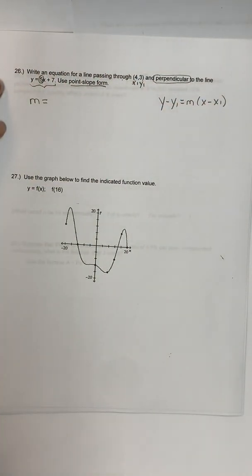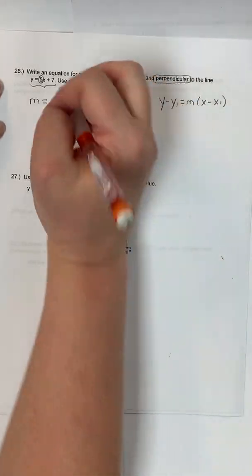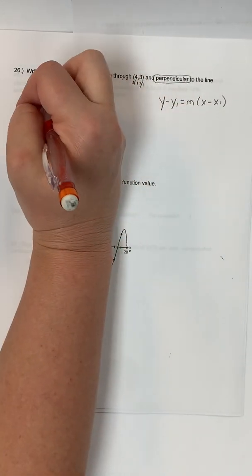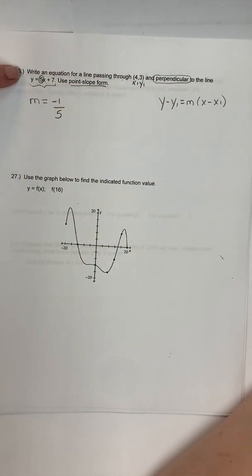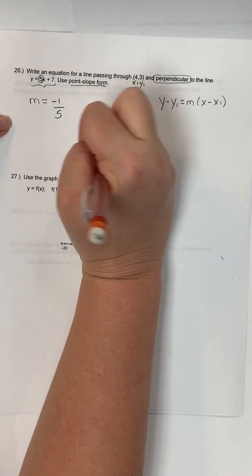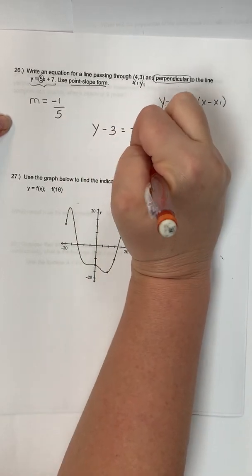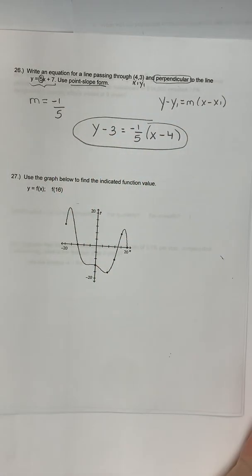If I use 5, I'm going to be parallel. I want to be perpendicular, so I'm going to do 2 things to it. First thing I'm going to do is change the sign. He was positive, so I made it negative. Second thing I'm going to do is flip him. He's 5 over 1. I'm going to make him 1 over 5. So take note, I did 2 things. Now I'm going to go in, fill in the numbers, and there's my perpendicular slope.